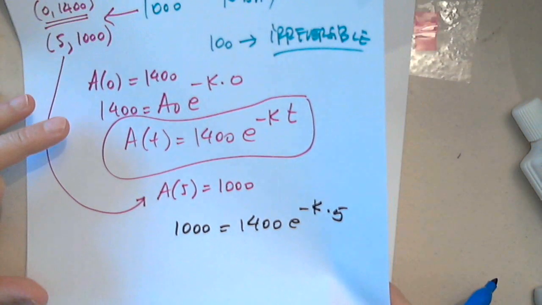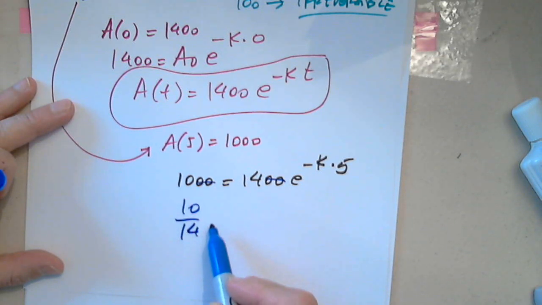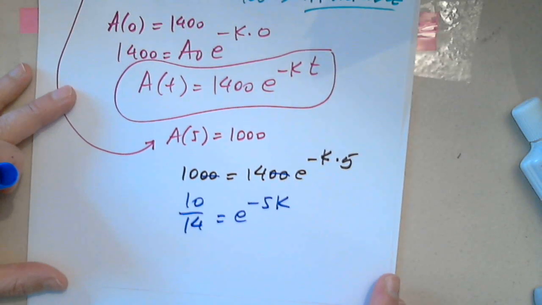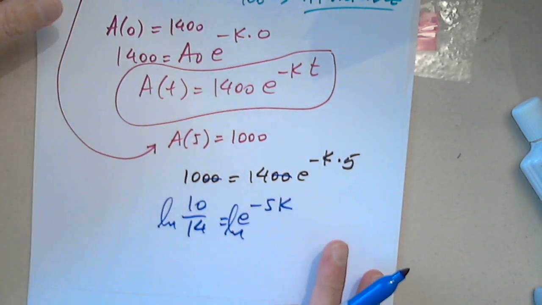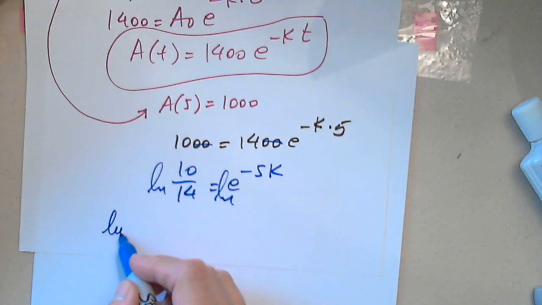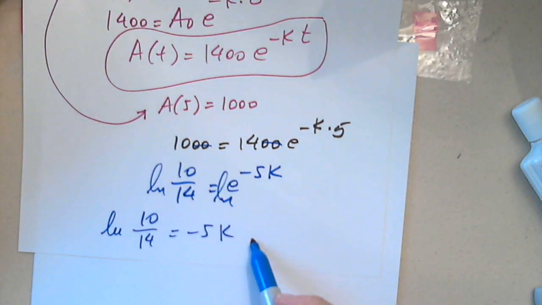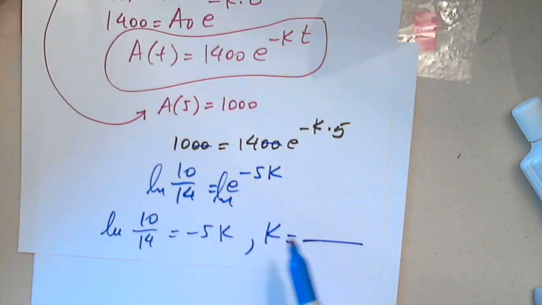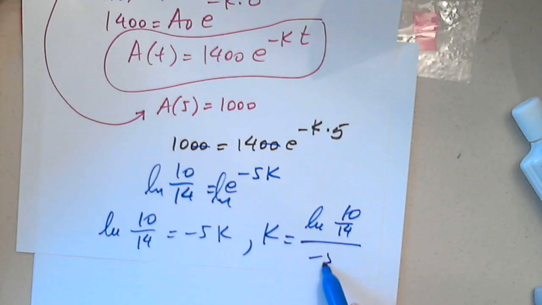First, I have to divide both sides by 1,400. So 10 divided by 14 equals e to negative 5k. Again, like before, I have natural log of 10 divided by 14 equals negative 5k. And then we find that k equals natural log of 10 over 14 divided by negative 5.